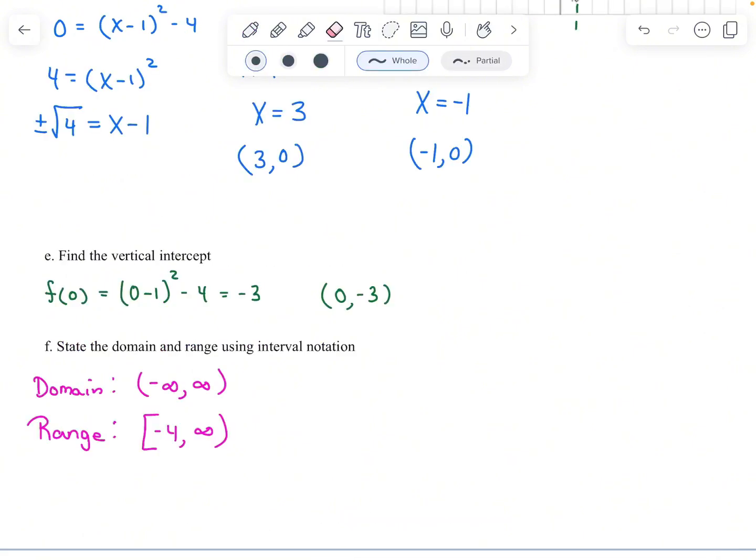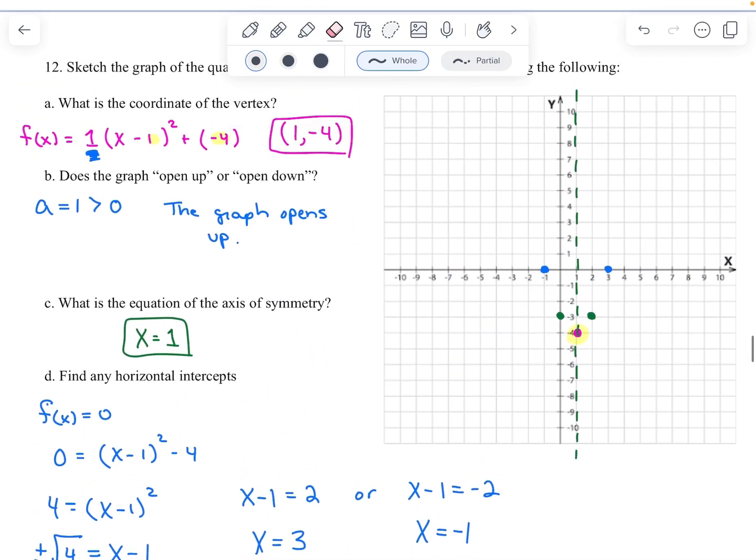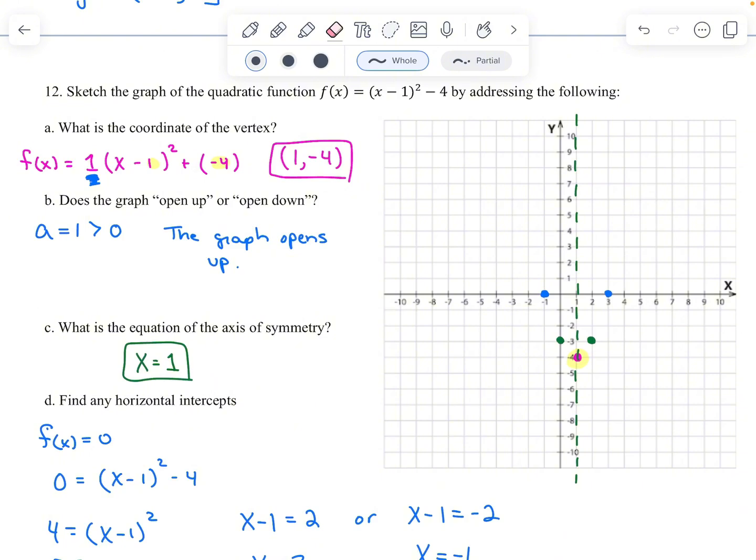Okay, so now that we have all of the information, let's go ahead and sketch the parabola. 5 points is perfectly fine when sketching a parabola. However, if you like to identify more coordinates, there will be another coordinate at (4, 5), and one more at (-2, 5).